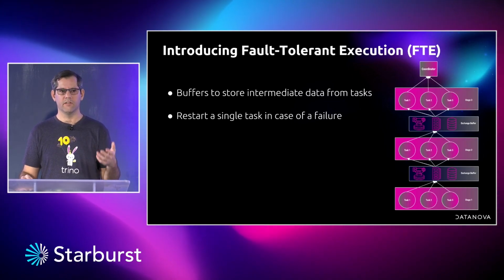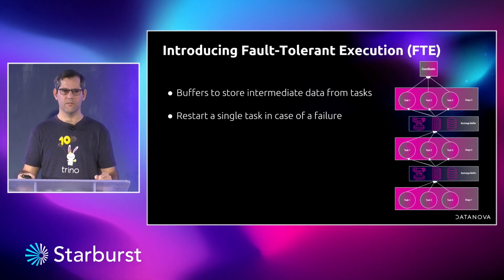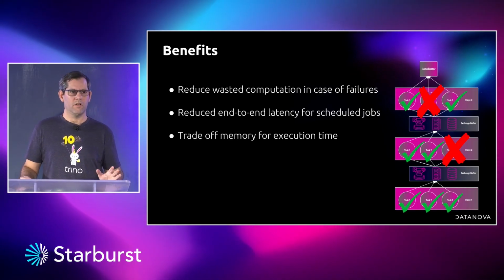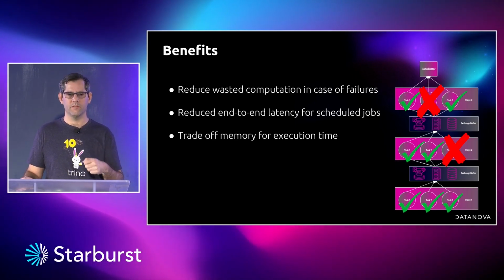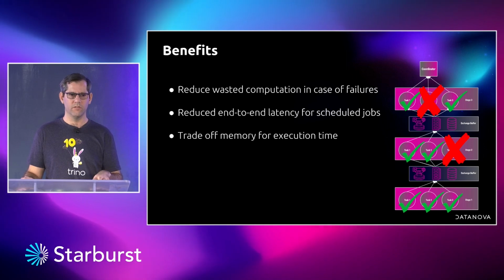Of course, the key here is that any task can stop and start again, and you don't need to recompute all the results that the previous stages already produced. So, of course, we can talk about some of the benefits. If you think about the engine being able to recover from the failure of a single task, let's say if you look at this chart, you run stage one, that completed, all the intermediates got stored in that exchange buffer at the bottom.